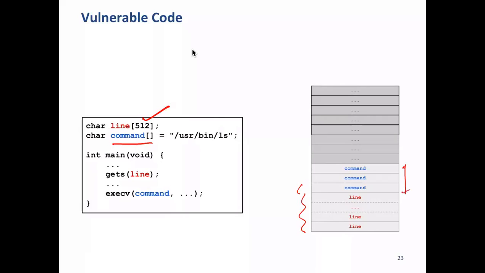When you get the input, you can intelligently put whatever command you want to execute here, which is a malicious command, which is not supposed to be there. And then you have an execv command.